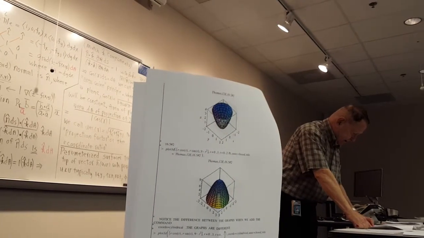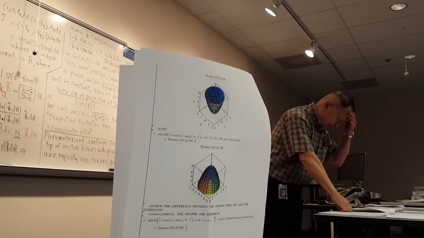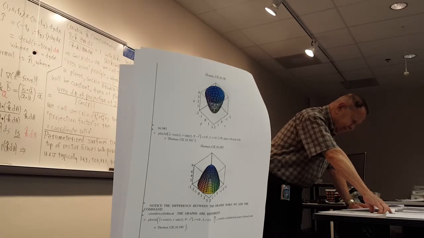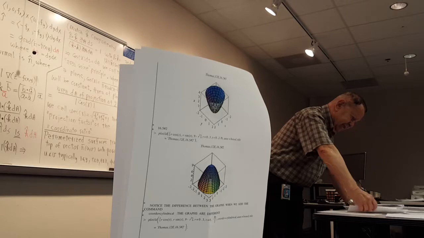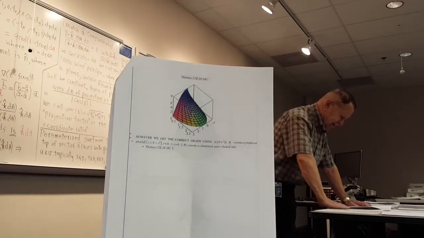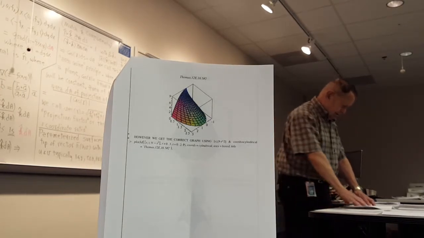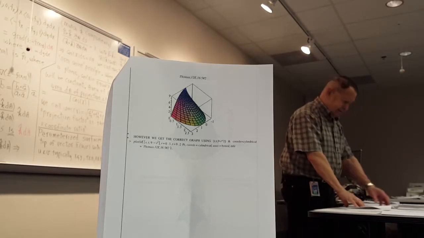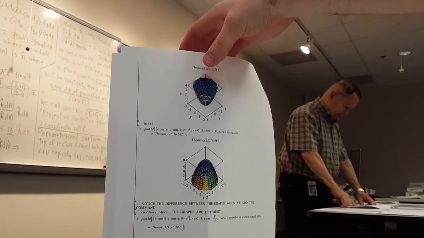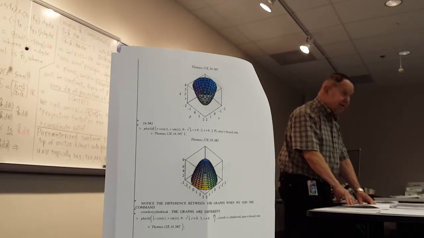So you notice that if you say that you're using cylindrical coordinates, you get the picture for 16.5 number 2 that's on the top of the front of the third sheet of paper, and that's a very different picture than the picture for 16.5 number 2 that's on the back of the second sheet of paper, just above where I said notice the difference between the graphs when we put in coords equal cylindrical.